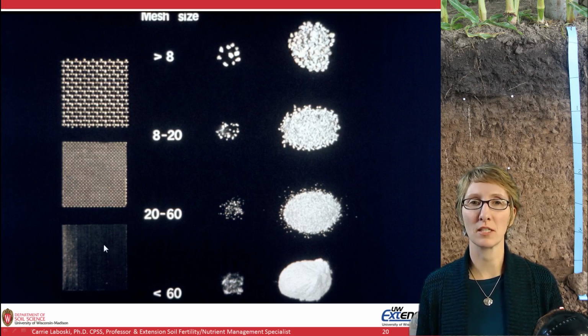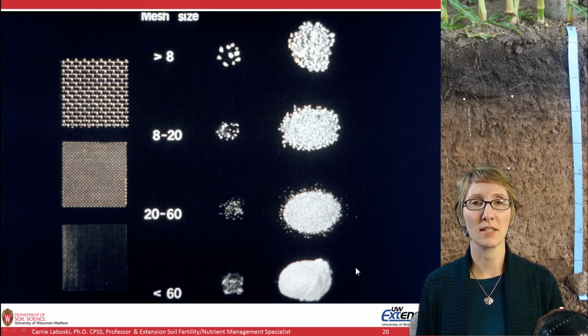Now at the bottom is a 60-mesh sieve, and this photo doesn't show it very well, but that's a pretty fine mesh. What we're seeing here in these particle sizes is what will pass through the 8 and the 20 mesh sieve, but is retained on the 60 mesh sieve. And then we do have material that will pass the 60 mesh sieve. So this is really fine, powdery type material. And you can see that as you look at these little piles of the lime material.